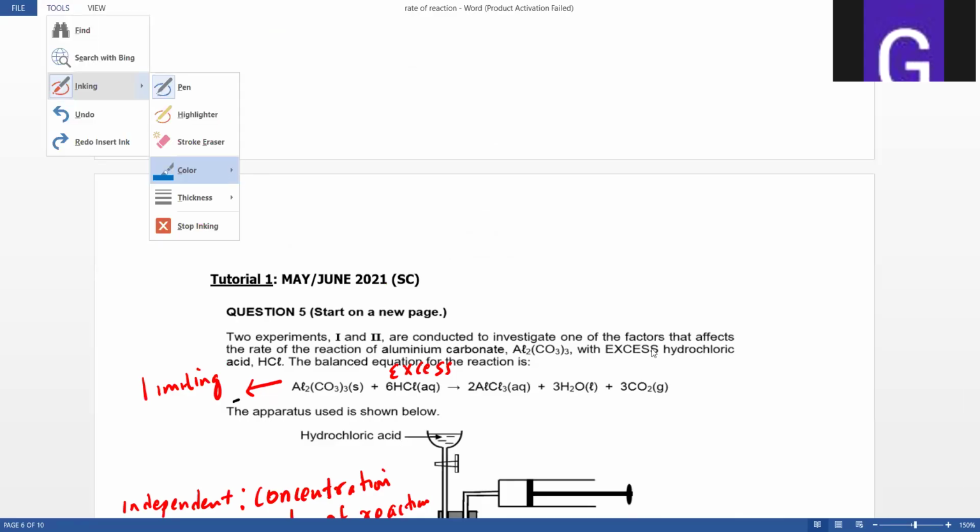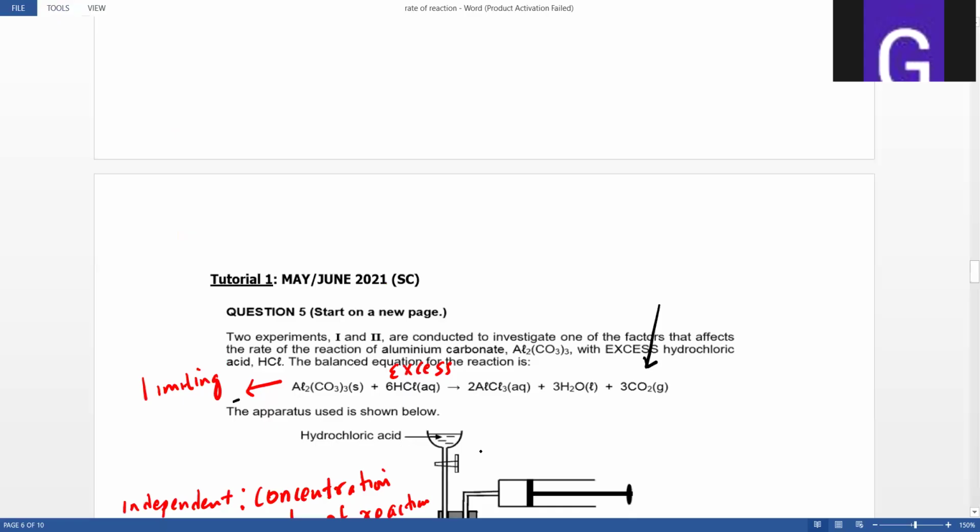So we want this volume of gas produced. But look at this. If we want information about the gas produced, we need to consider the limiting reactant, because this one is in excess. We'll first get the number of mole of hydrochloric acid that reacted.